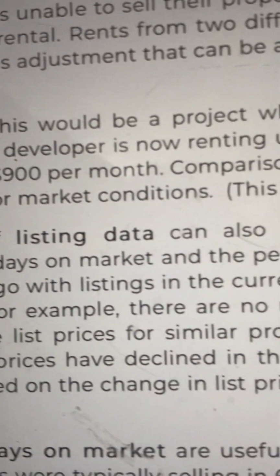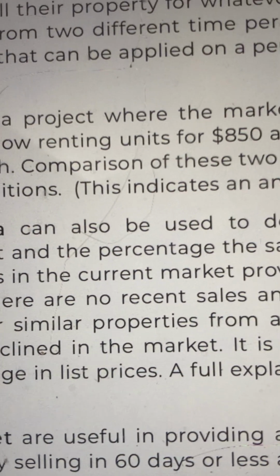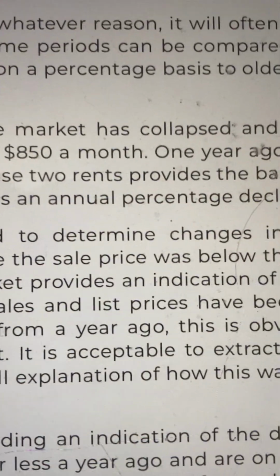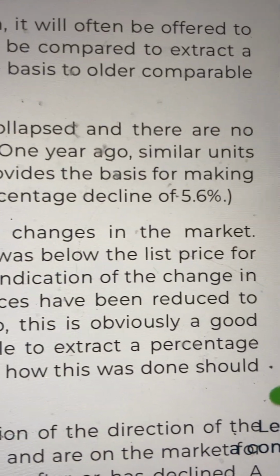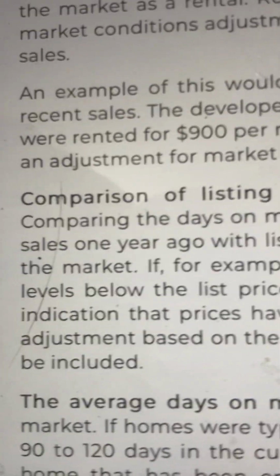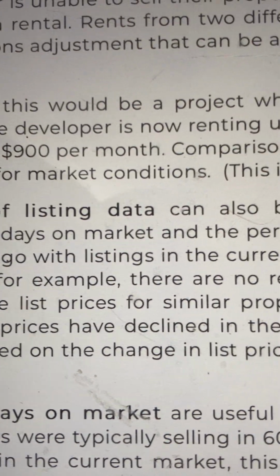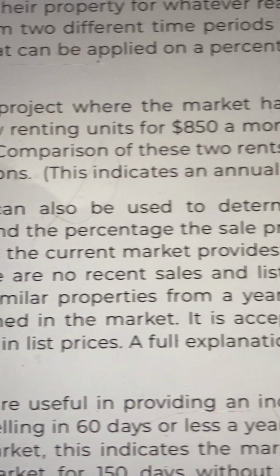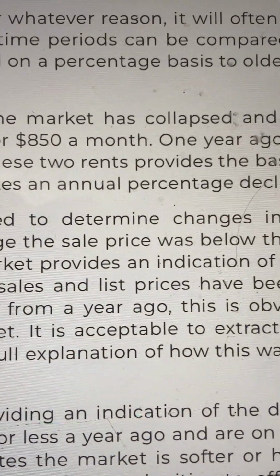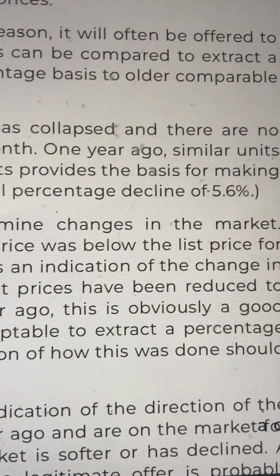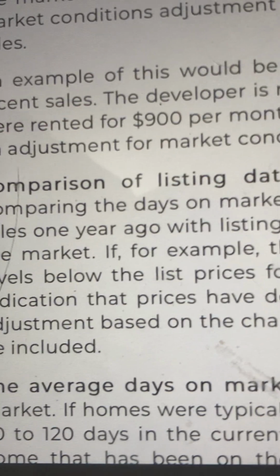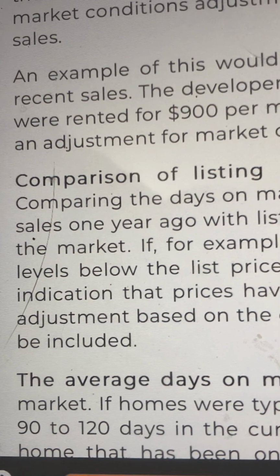Comparing the days on market and the percentage the sale price was below the list price for sales 1 year ago with listings in the current market provides an indication of the change in the market.